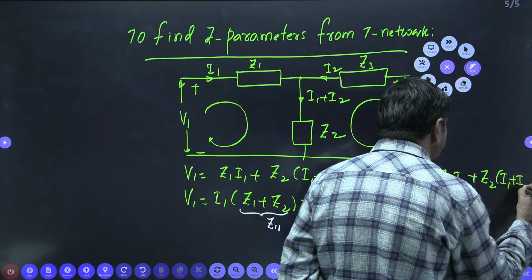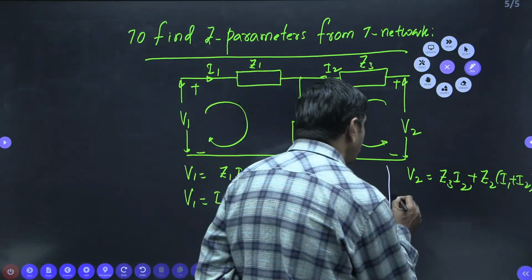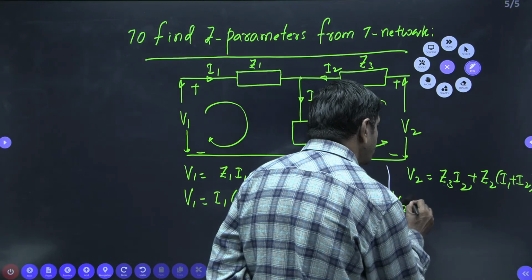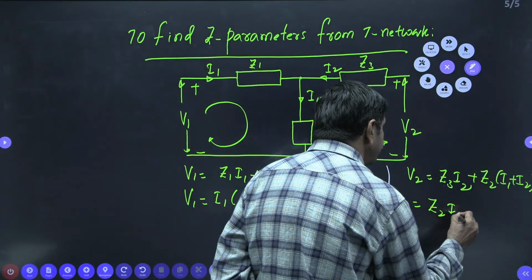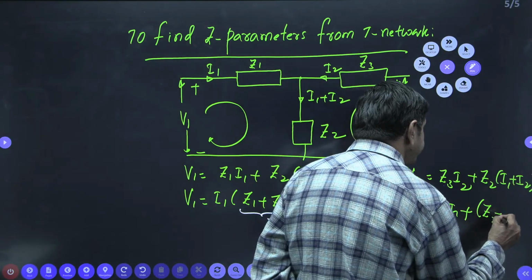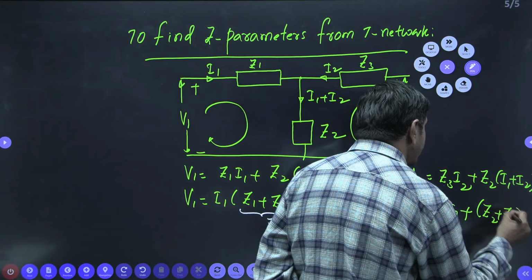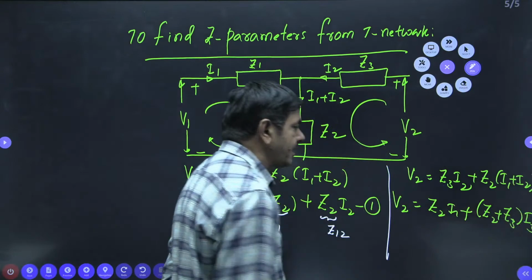If you simplify this equation, what I will get? V2 equal to Z2 into I1 plus Z2 plus Z3 into I2 I can write here now. Yes, we got the equation like this.